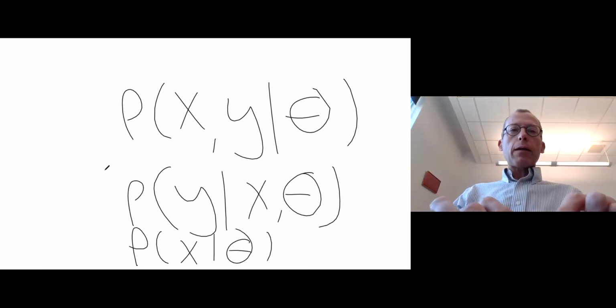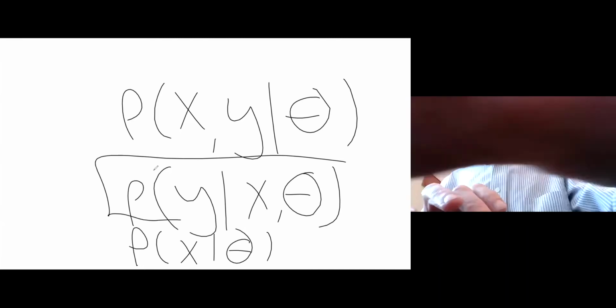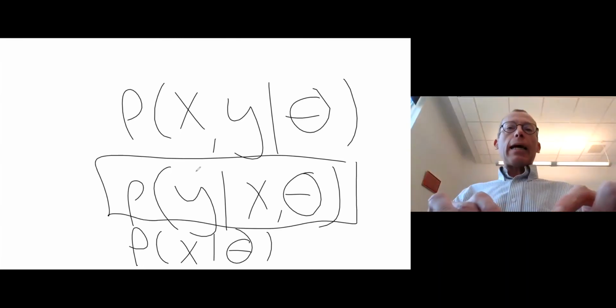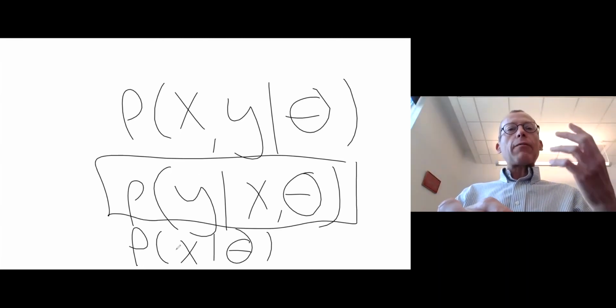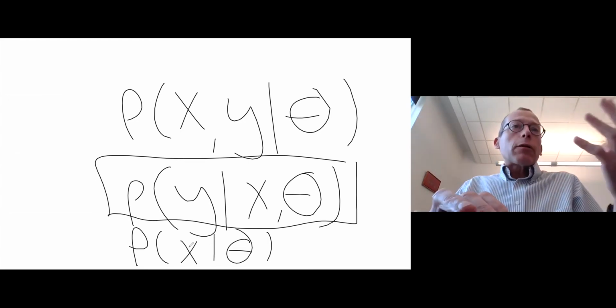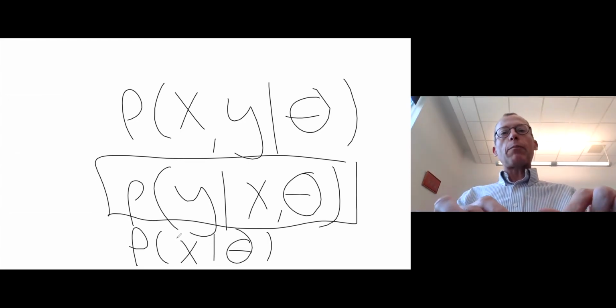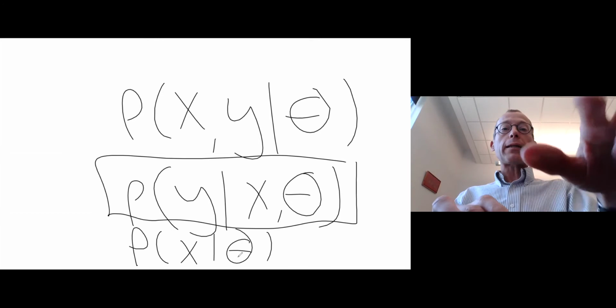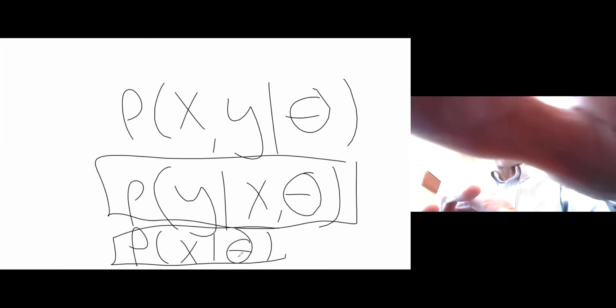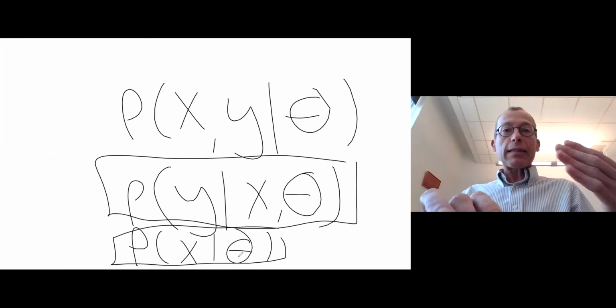Everybody is okay with that? I only focused on this because we don't have any model for generating X, so we don't even care about generating X. Whatever values we assign to theta, this will stay the same, so the maximization doesn't care about this part.